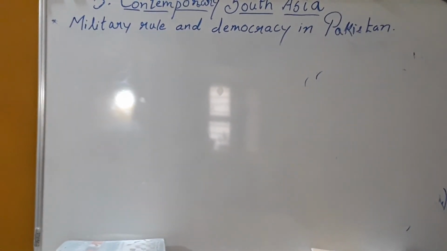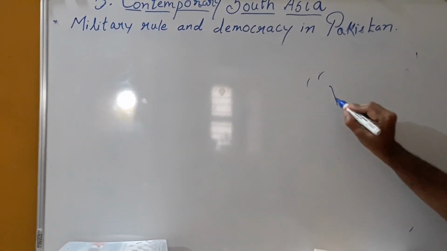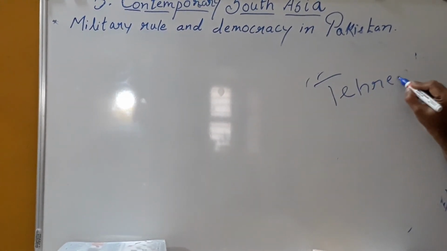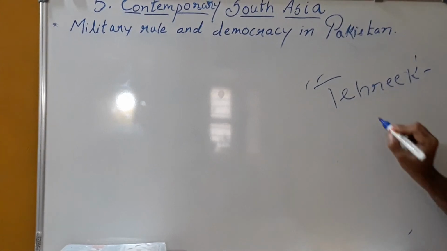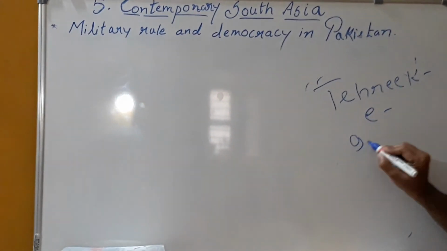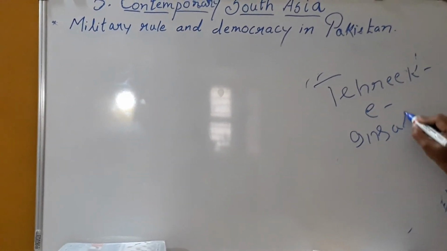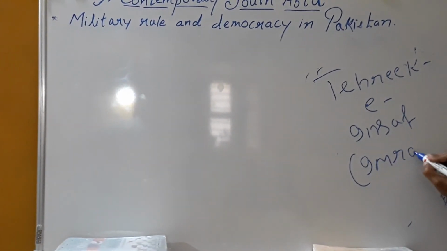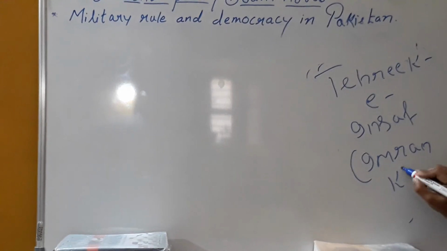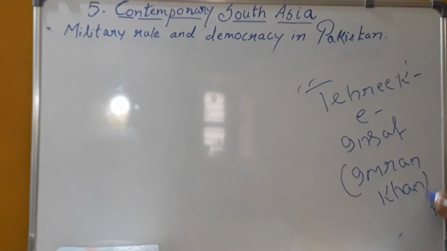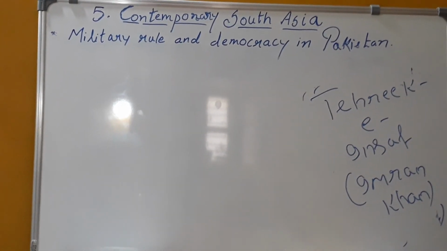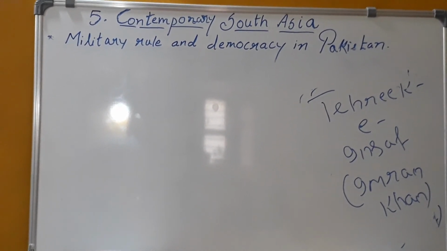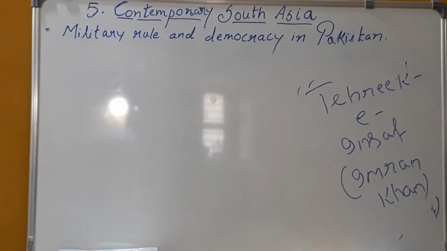Imran Khan is heading this party, and he's the present Prime Minister of Pakistan. So now the contest is between Asaf Ali Zardari from the Pakistan People's Party, Shehbaz Sharif, and also Imran Khan.